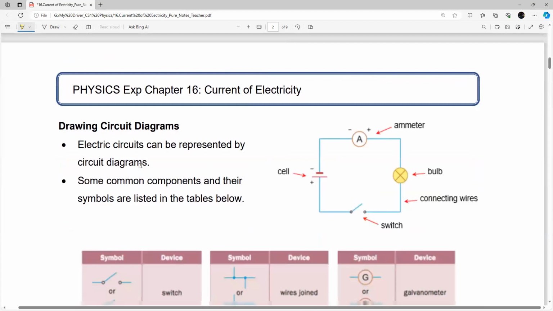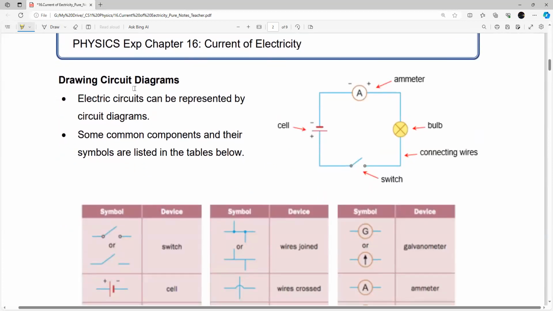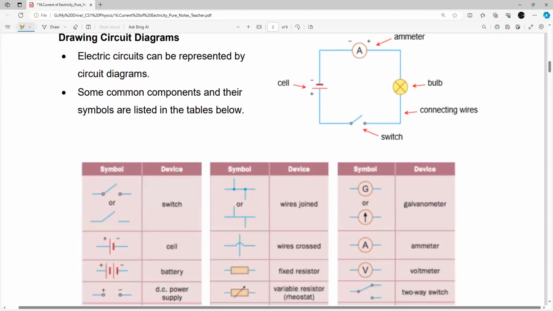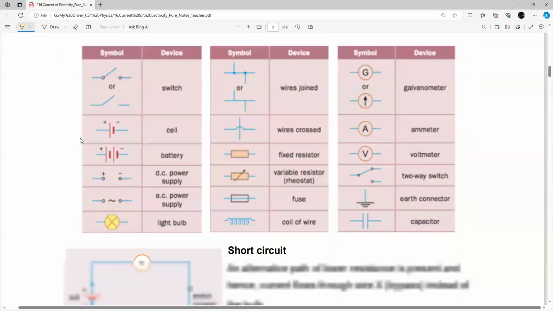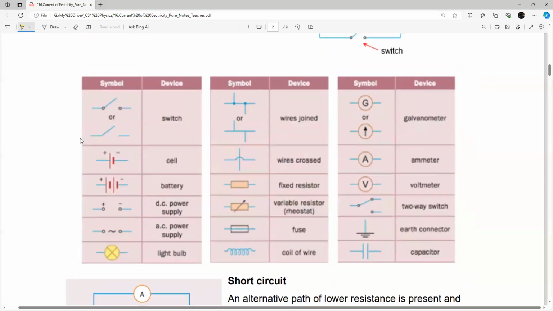Okay, now to draw different circuit diagrams. The most common components that you need to know of is a cell, a battery, given by these two lines. The longer line is the positive terminal.